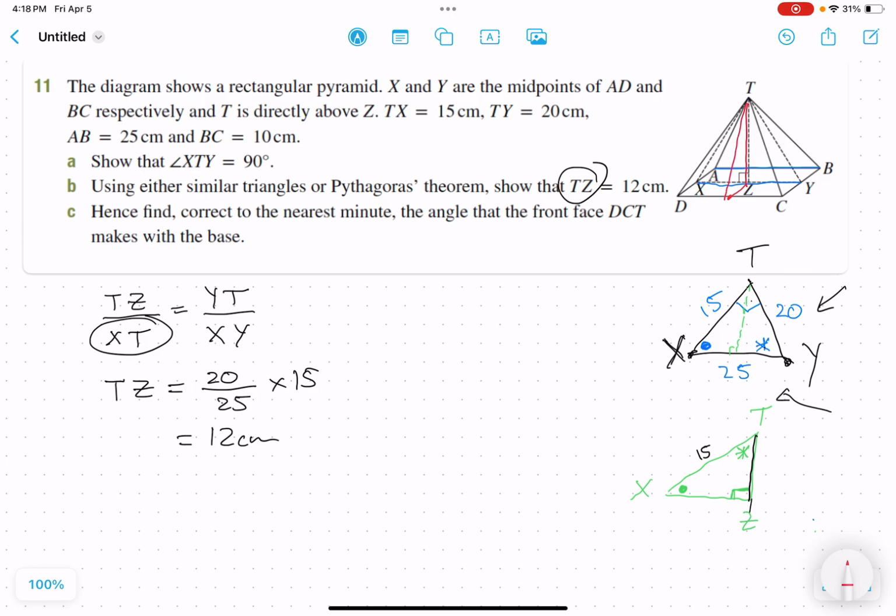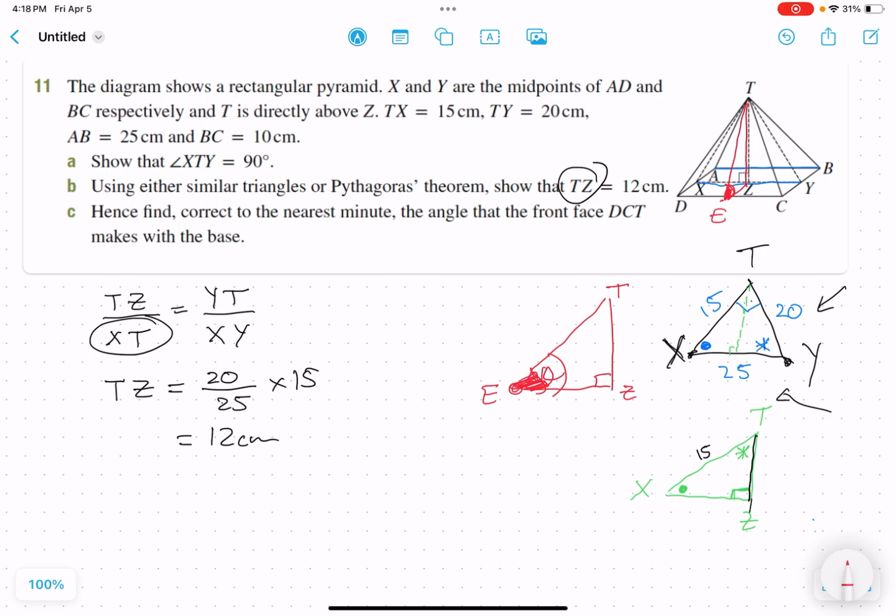I've got this triangle: there's 90 degrees, that's Z, that's T, and this is the midpoint of DC. ABCD, we haven't got an E, so we use an E. There's an E over here, and we want that angle there, TEZ. We could call that theta, for example.